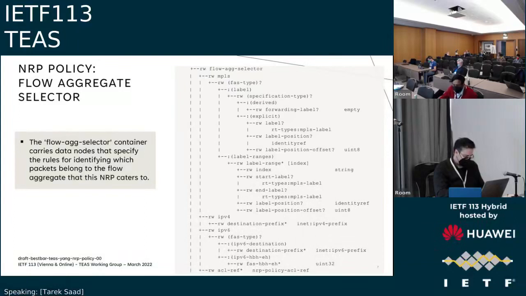It can be one label carried in any packet, or it can be an IP destination address, or it can be carried in an extension header in IPv6. So for each of these flavors, there are some drafts that are out there which describe the details of the flow aggregate selector or the field itself.